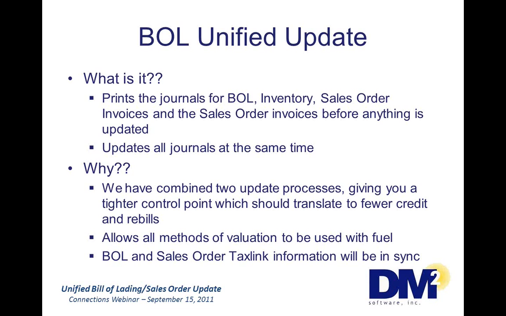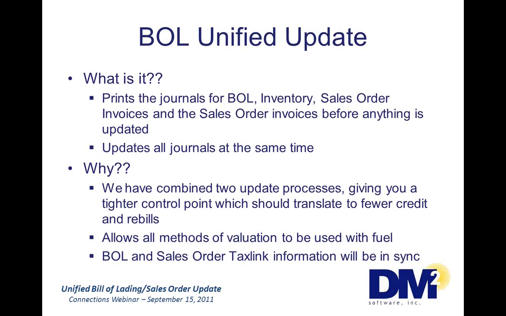Why? Well, we have combined two update processes, giving you a tighter control point, which should translate to fewer credit and rebills. Users will have the opportunity to catch the situations that cause credit and rebills. Normally, it is after you've updated the bill of lading and are reviewing the sales order journals and the sales order invoices that you realize that there's a problem.